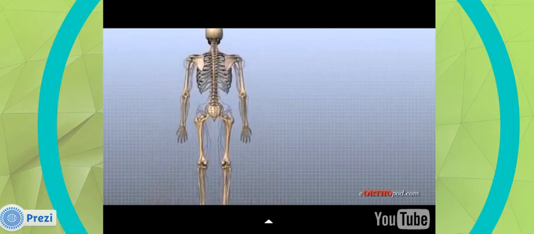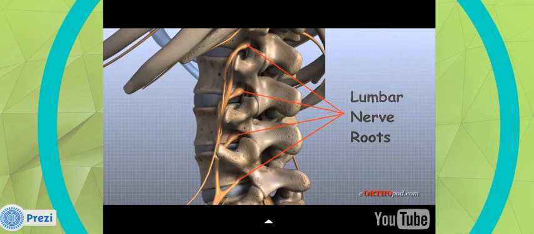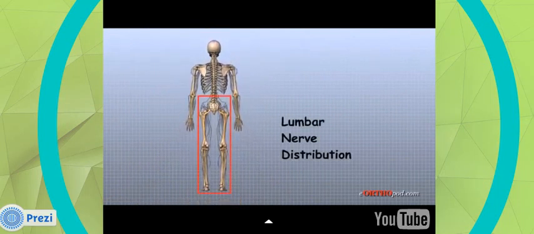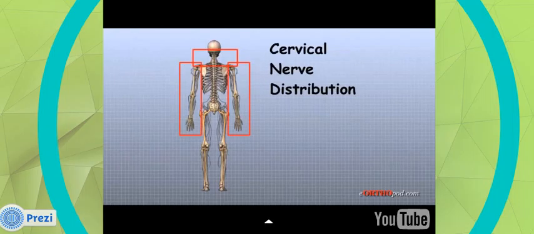These nerve roots join together to form the nerves that travel throughout the body and form the body's electrical system. The nerve roots that come out of the lumbar spine form the nerves that go to the lower limbs and pelvis. The thoracic spine nerves go to the abdomen and chest. The nerves coming out of the cervical spine go to the neck, shoulders, arms, and hands.